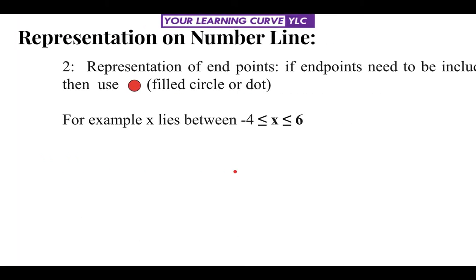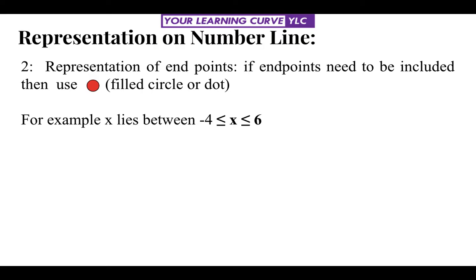Now let's see how to include or exclude the endpoints. Representation of endpoints. If endpoints need to be included, we use a filled circle or dot at the end of the line.